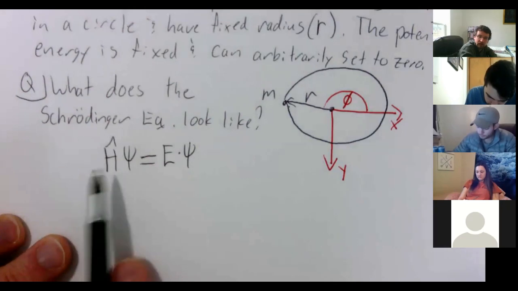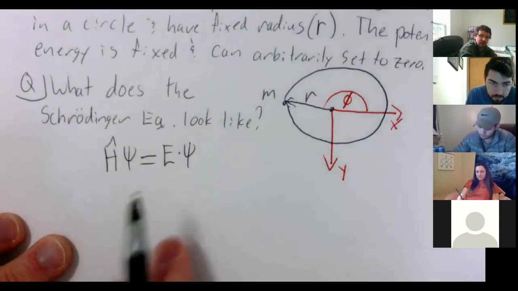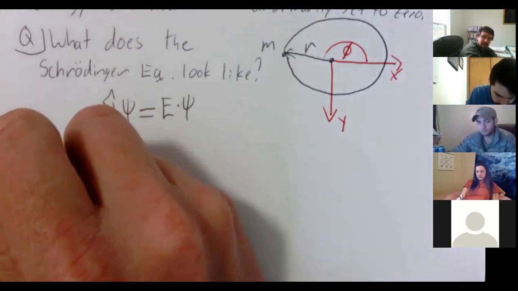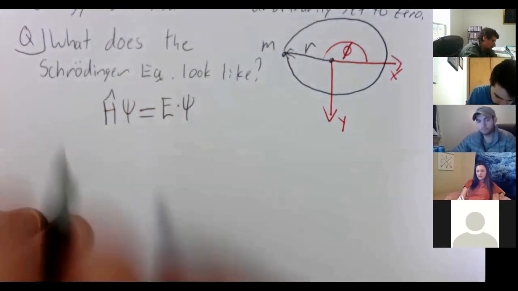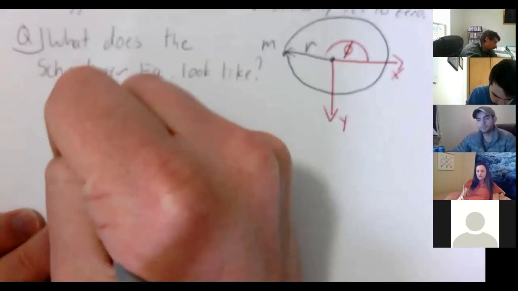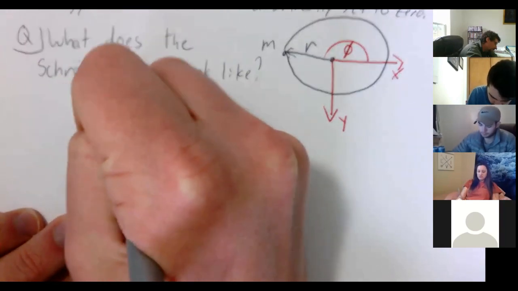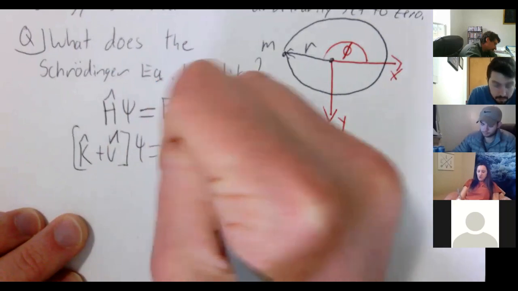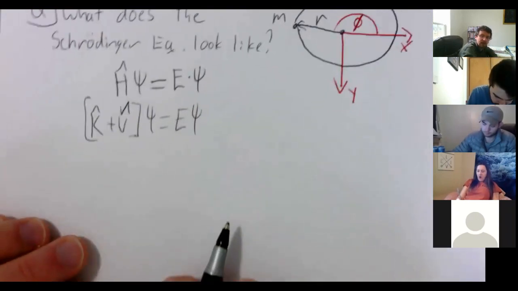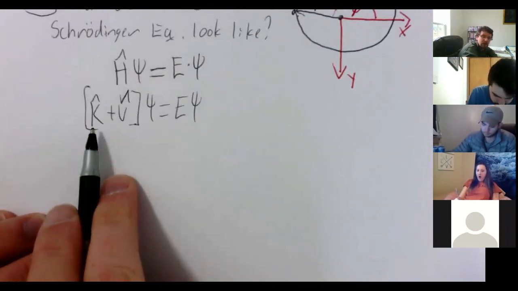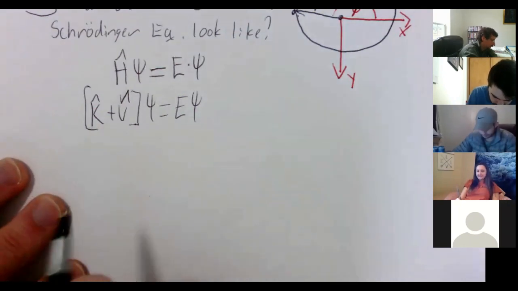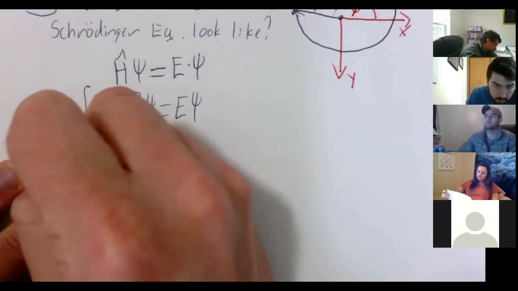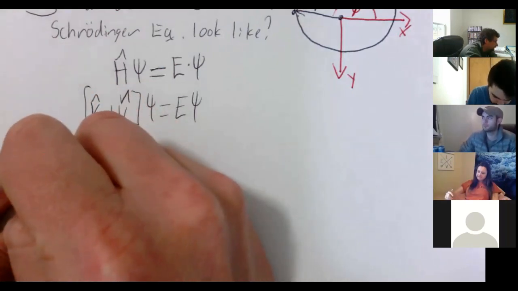Okay, let's delve a little deeper. What's this Hamiltonian going to look like? We always have that fact: we got the kinetic energy part and the potential energy part, right? So let's look at the kinetic and the potential energy. Kinetic energy operator, what's that going to look like? Negative h bar squared over 2m.